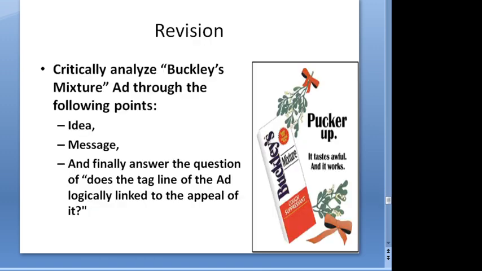Now we will take the second case study that you can find in your exam. Critically analyze the Buckley's Mixture ad through the following points: idea, message, and finally answer the question, does the tagline of the ad logically link to the appeal of it or not.